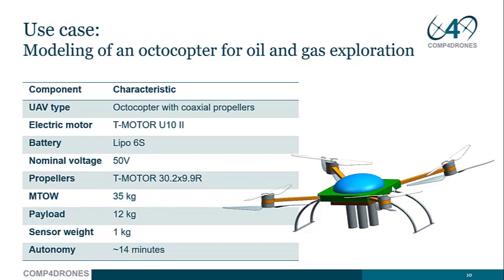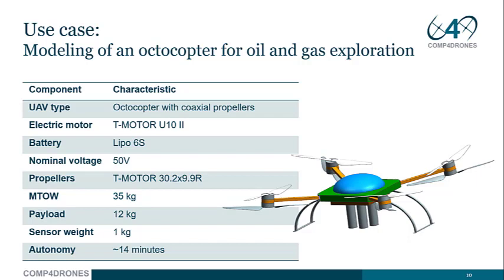We also knew the maximum takeoff weight, the payload, and the desired autonomy. Note that during the mission, the drone is supposed to drop some darts or seismic sensors to perform oil and gas exploration. It means that the inertia of the drone can vary quite abruptly during the mission.